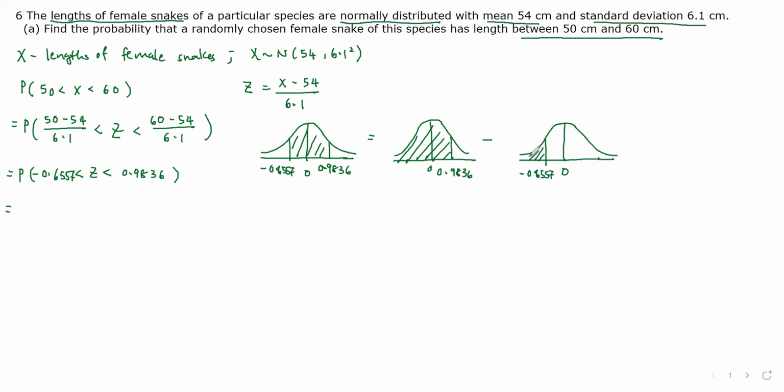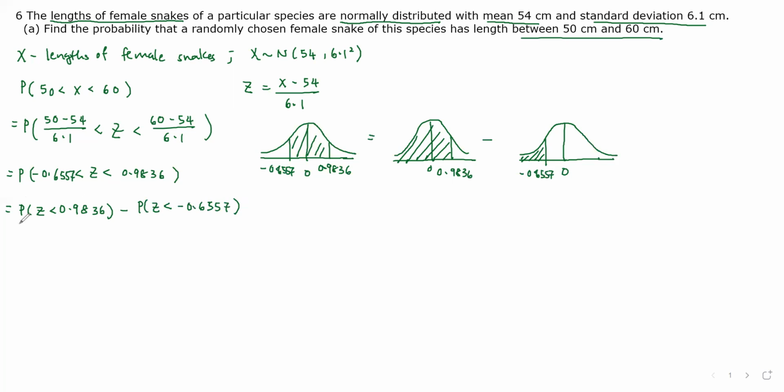So we find the probability that Z is less than 0.9836, and we subtract the probability that Z is less than negative 0.6557.